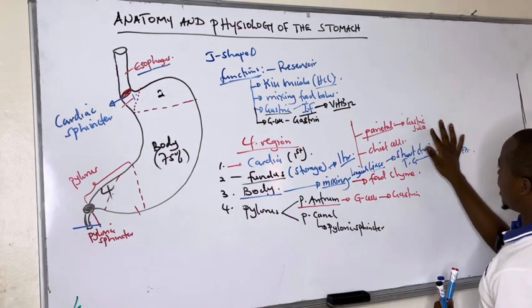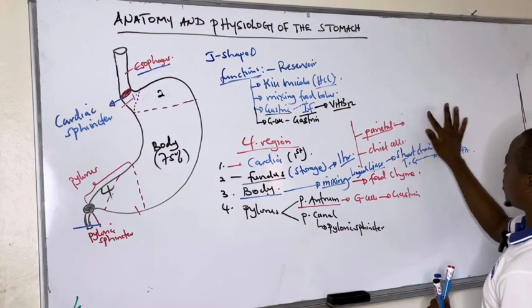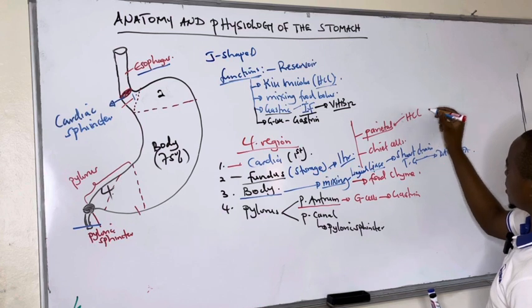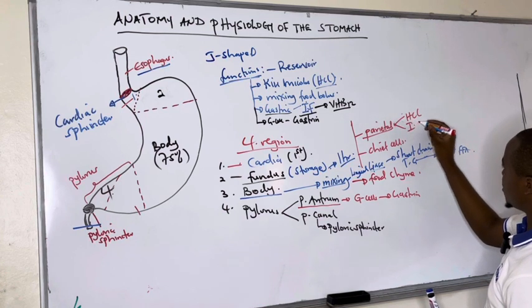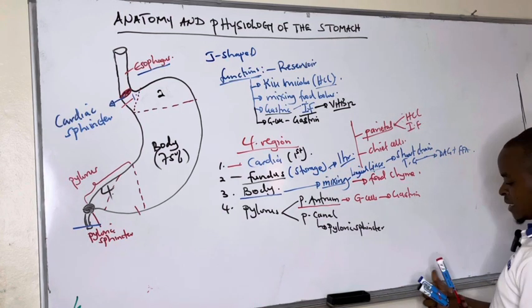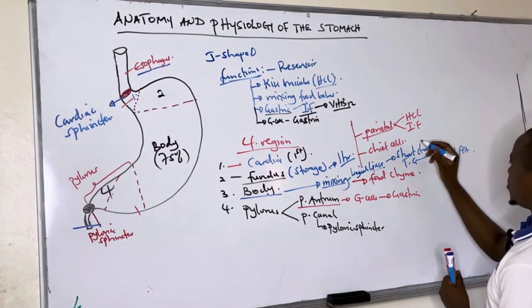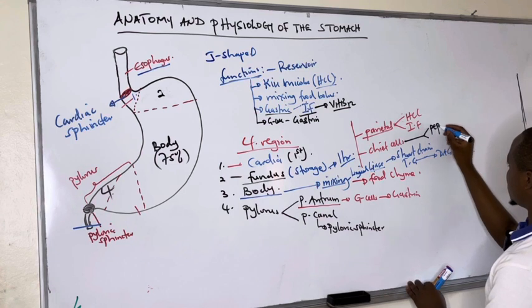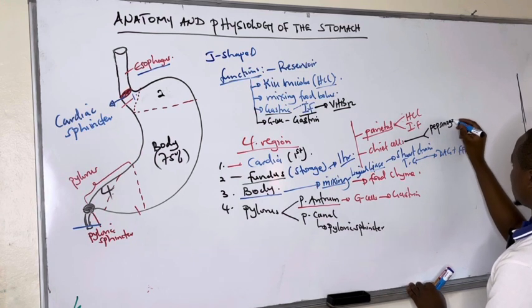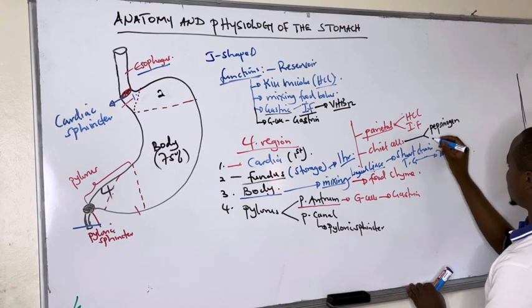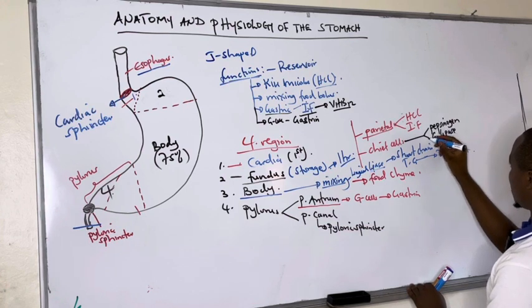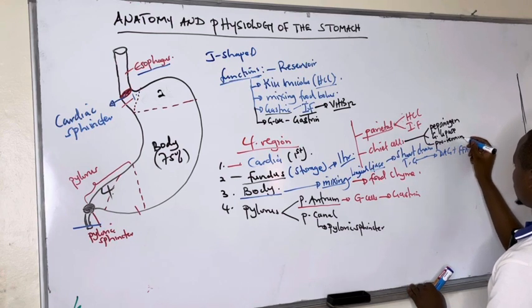Now, actually, gastric juice is a collective secretion. In the parietal cells, we produce hydrochloric acid and intrinsic factor, whereas in the chief cells, we produce enzymes like pepsinogen, enzymes like gastric lipase, and prorenin in children who are still breastfeeding.